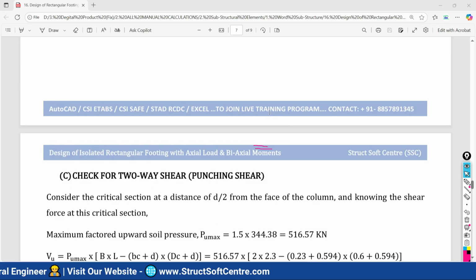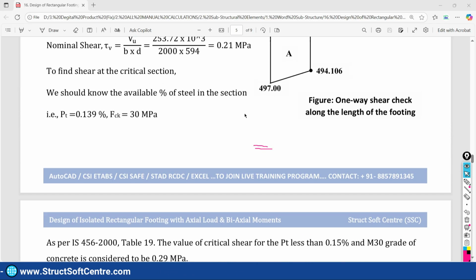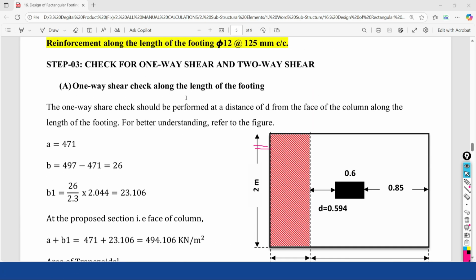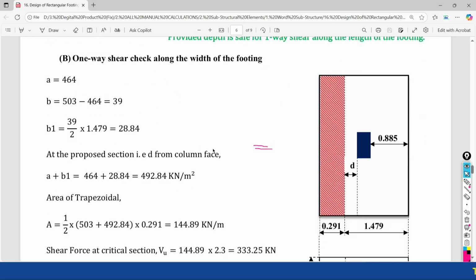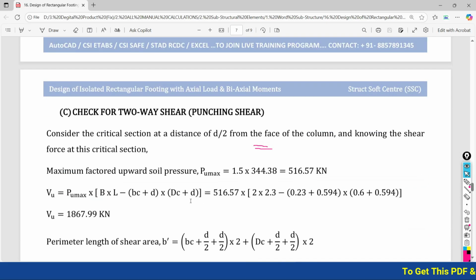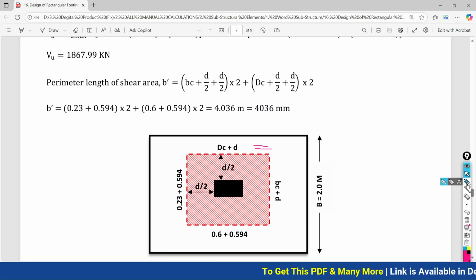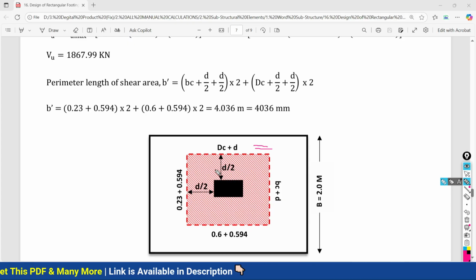When we did the one-way shear check, we performed it for each direction separately: one-way shear check along the length of the footing, and one-way shear check along the width of the footing. But when you perform the two-way shear check, it is performed over the overall footing area. It is not considered for a specific direction as we did in the case of one-way shear.